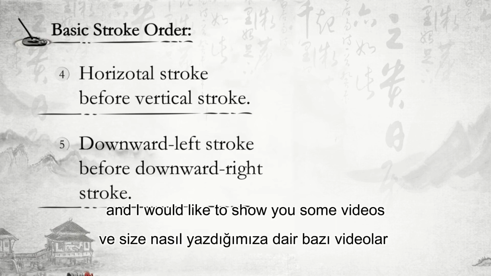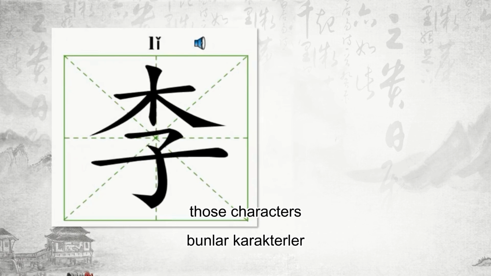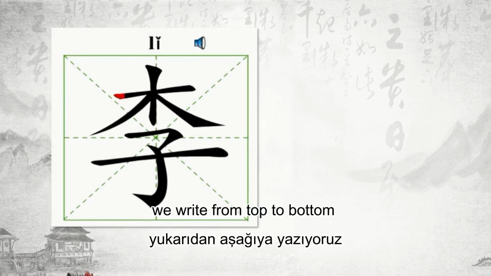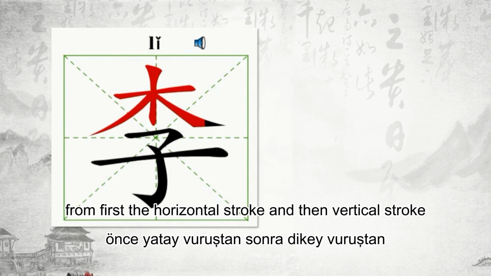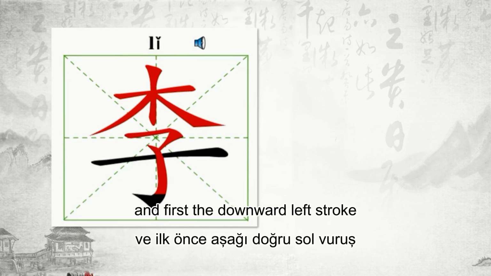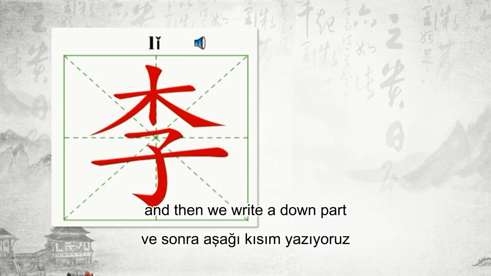And I would like to show you some videos of how we write those characters. For example, the first one, we write from top to bottom, from first the horizontal stroke and then vertical stroke, and first the downward left stroke and downward right stroke, and then we write the down part.